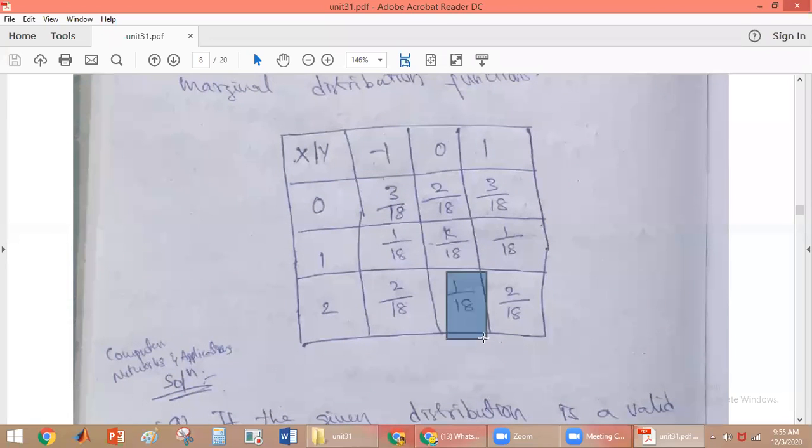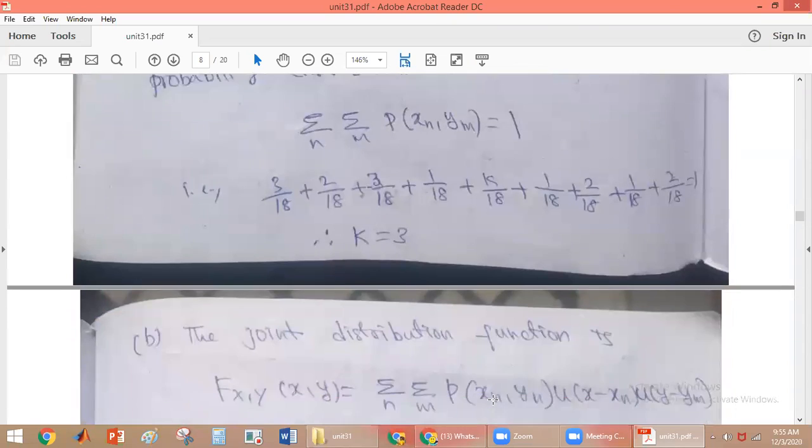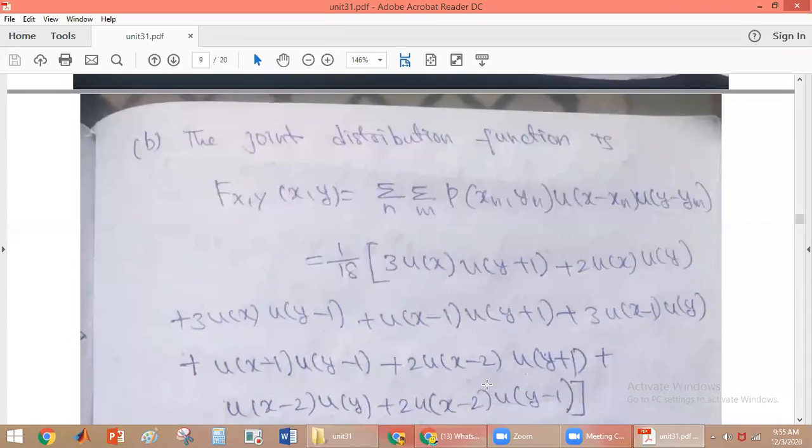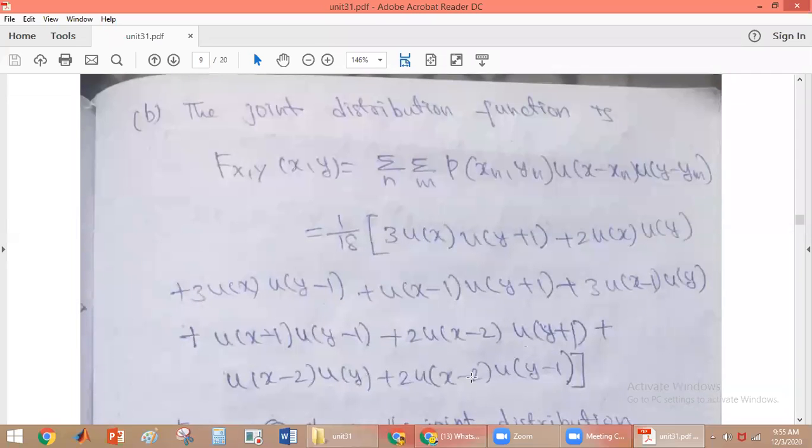Similarly it is 1 by 18 u of x minus 2, u of y, then 2 by 18 u of x minus 2, u of y minus 1. Like that we write the joint distribution function. This is the joint distribution function we finally get.